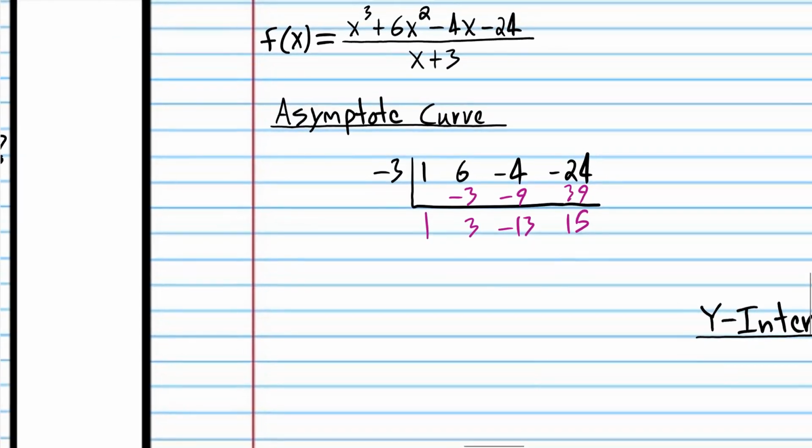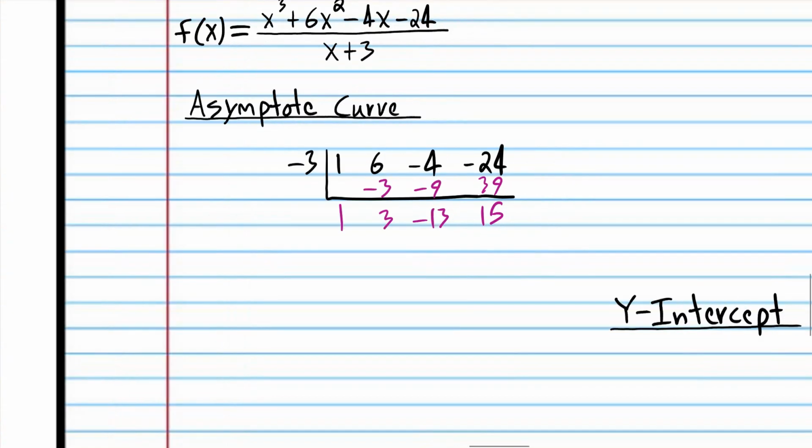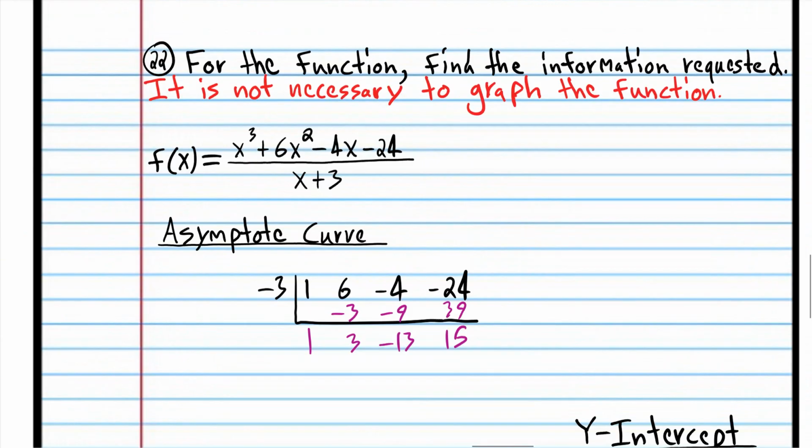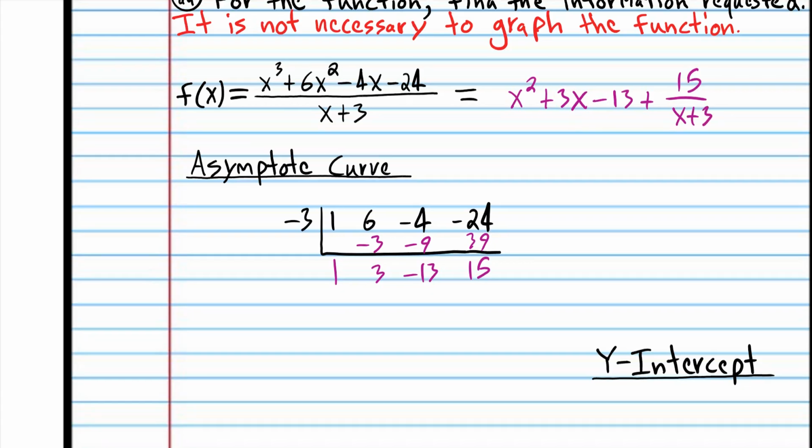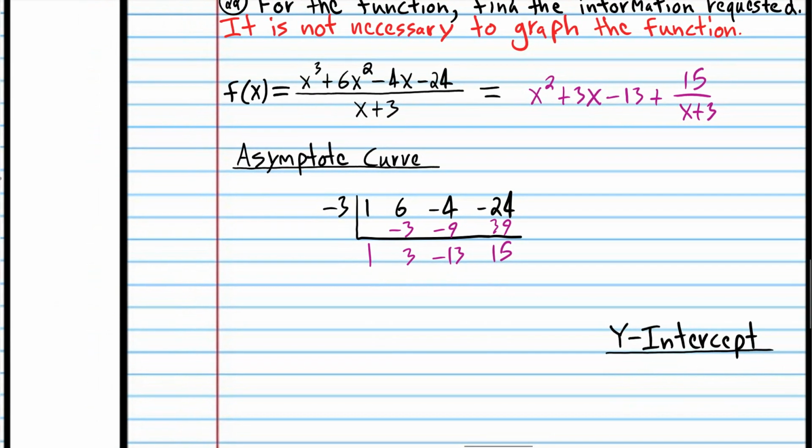So now we can write the new form of this expression. The new form is x squared plus 3x minus 13 plus 15 over x plus 3. So we changed the form of this expression. Why did we do that?